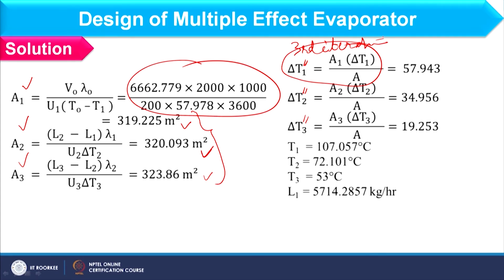Okay. So, you can find these values, and so T1, T2, T3 as these. Okay. So, if you focus on T1, T2 values and compare with the last iteration, these values are pretty close to the value which you have considered in last iteration.